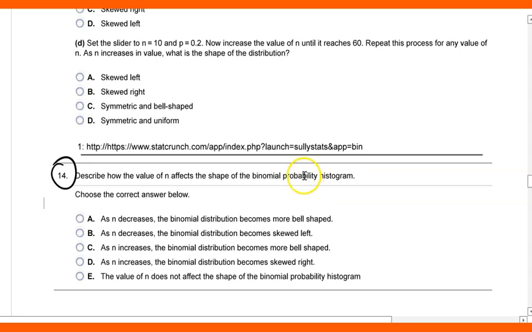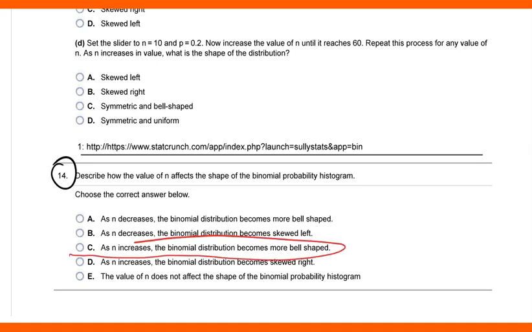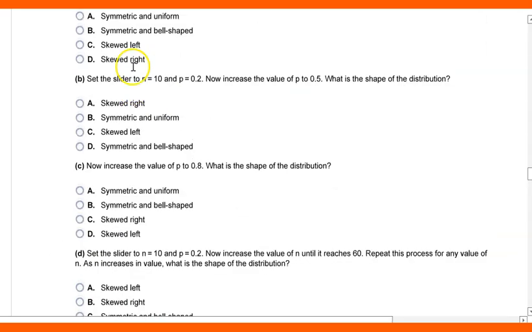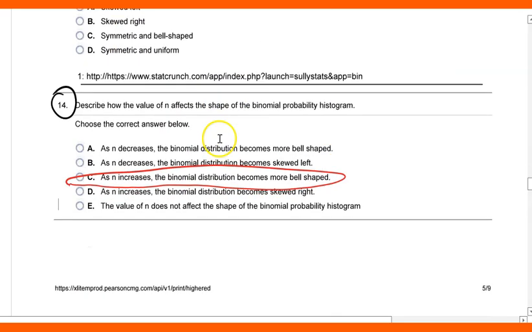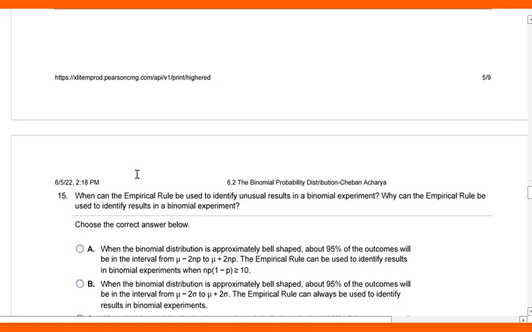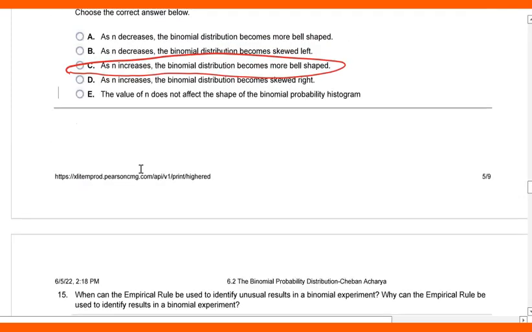Remember that the histogram, or binomial probability distribution, as n increases, becomes more bell shaped. That's the answer. And you notice in the previous example, your binomial distribution is more bell shaped as n increases. Question number 14 is finished.